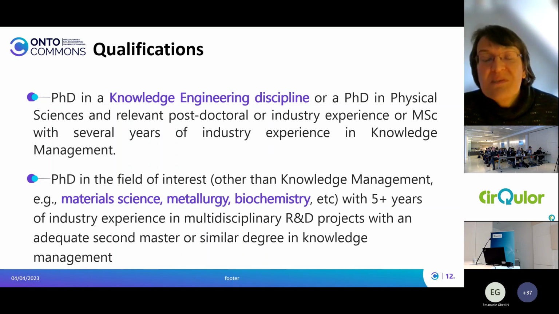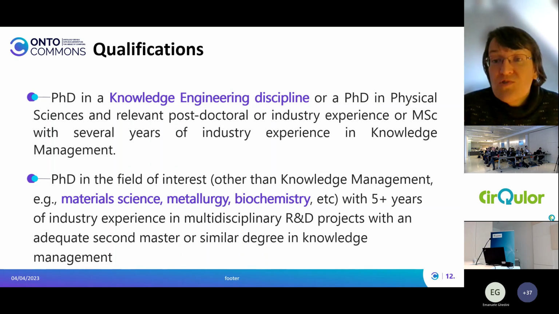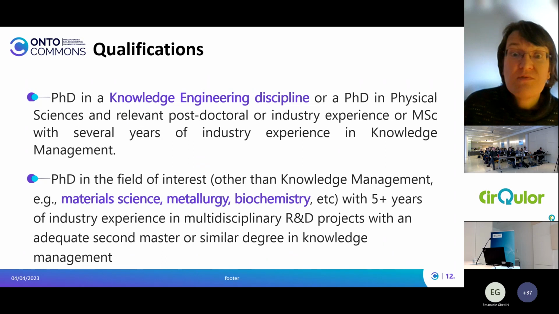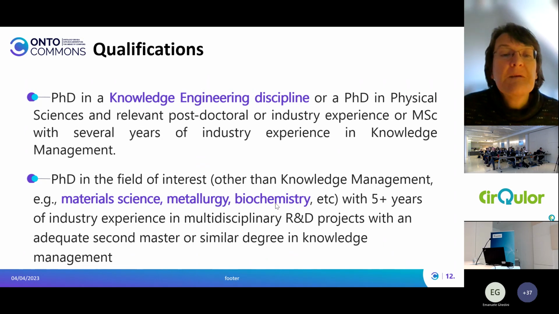Yeah, so then they would have a PhD, for example, in knowledge engineering or a physical science, and postdoc or industry experiences to kind of like give me the maturity. So I do not necessarily need a maturity in age, I need a maturity in experience. So have you seen a lot? Yeah, so it could be also somebody who spent dreaming in Python from the age of 5. This is also a possibility.